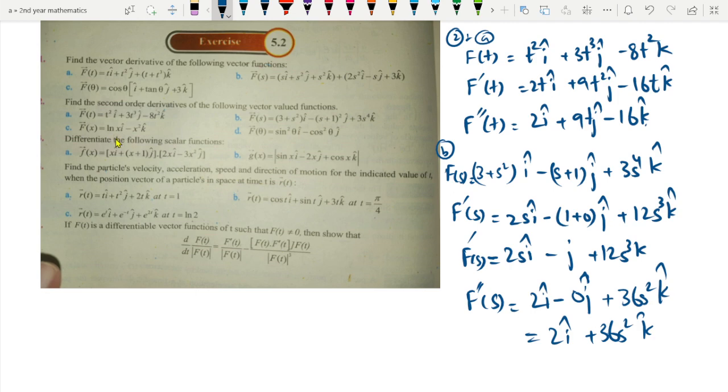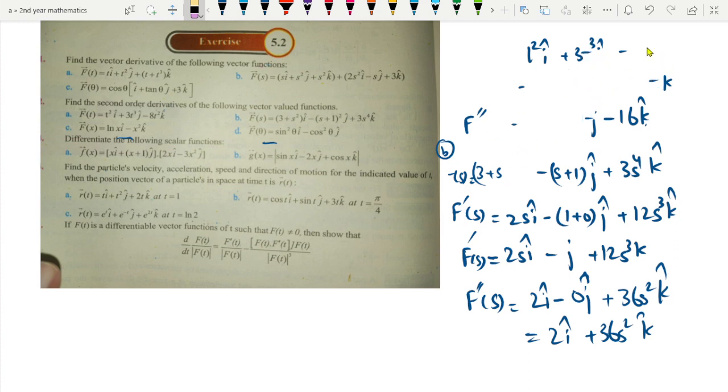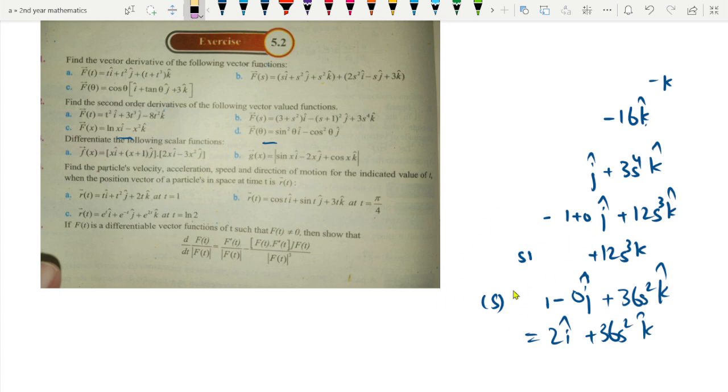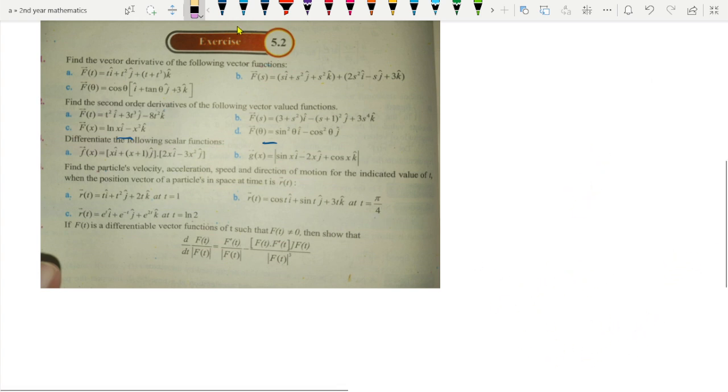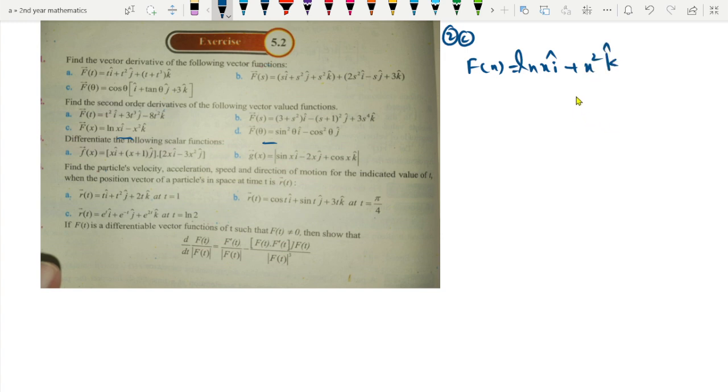Similarly, you can solve this question and this question also. Now part C of question 2: f of x is equal to natural log of x i plus x square k.